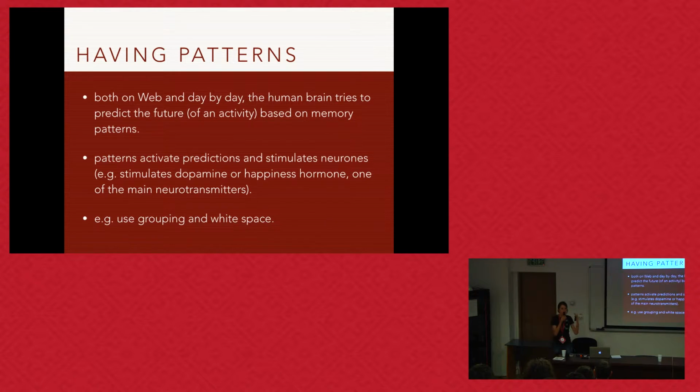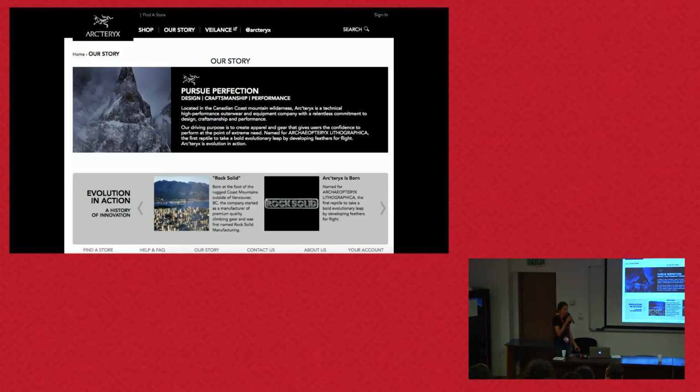A logical flow, more exactly. Maybe after A is B, not after A is C. It's just an example. For example, I took a website, Arterix, and we have a pattern here.